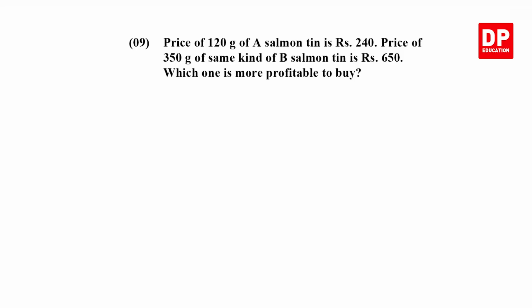Question number 9. Price of 120 grams of A-type salmon tin is 240. Price of 350 grams of same kind of B salmon tin is 650.